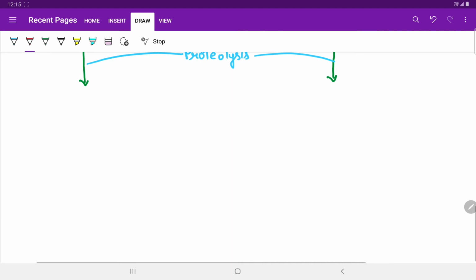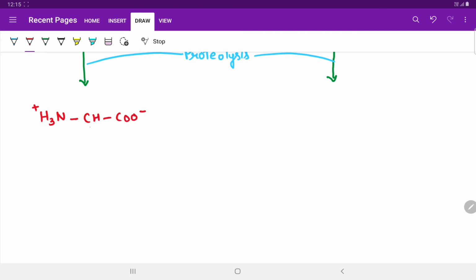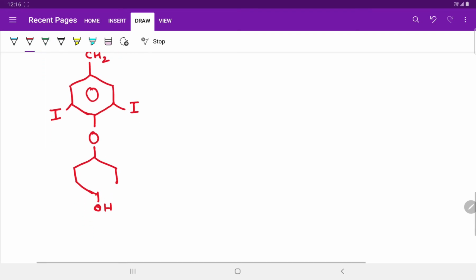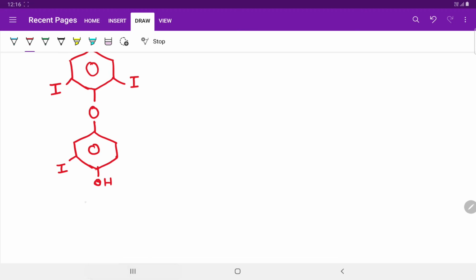So now first of all let us draw the structure of T3 hormone. So this is the structure of triiodothyronine, known as T3 hormone.